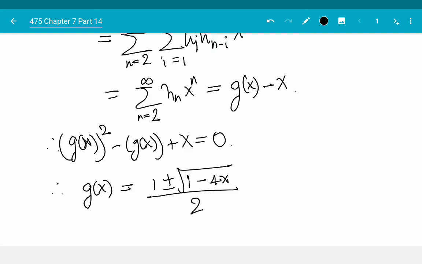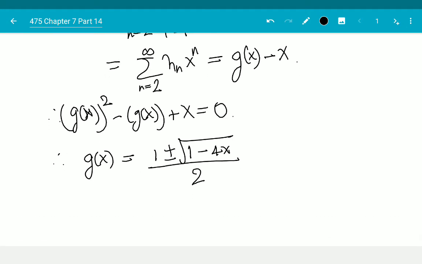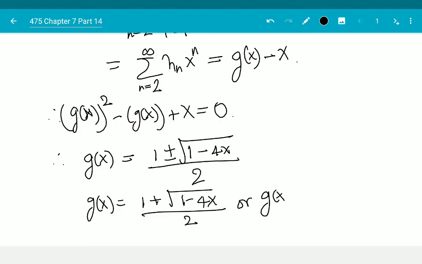So you take g of x as maybe y, and you solve for y using the quadratic formula. And so now I have two choices. g of x is equal to 1 plus the square root of 1 minus 4x over 2, or g of x is equal to 1 minus the square root of 1 minus 4x over 2, right?